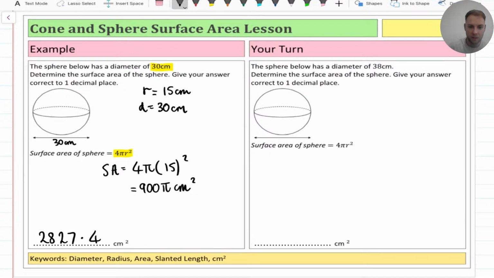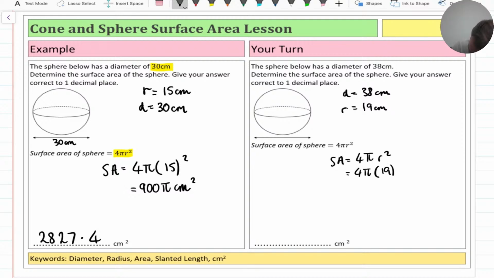So some of you are getting that already. Super. So let's just have a quick go at this one then. We know that my diameter is equal to 38 centimeters. My radius is going to be half of that, 38 divided by 2, which is 19. So I'm going to sub that in. Surface area is equal to 4 pi r squared, which is 4 pi times 19 squared.